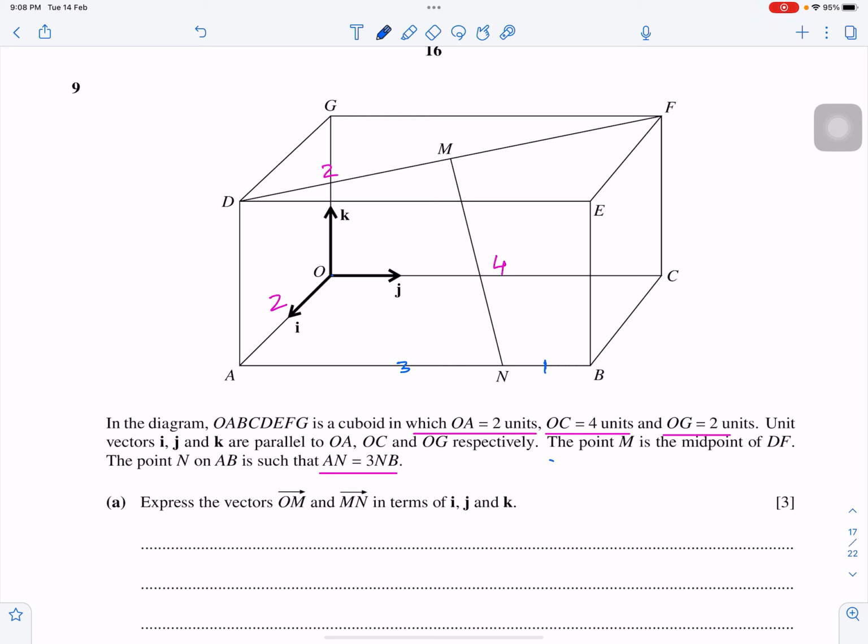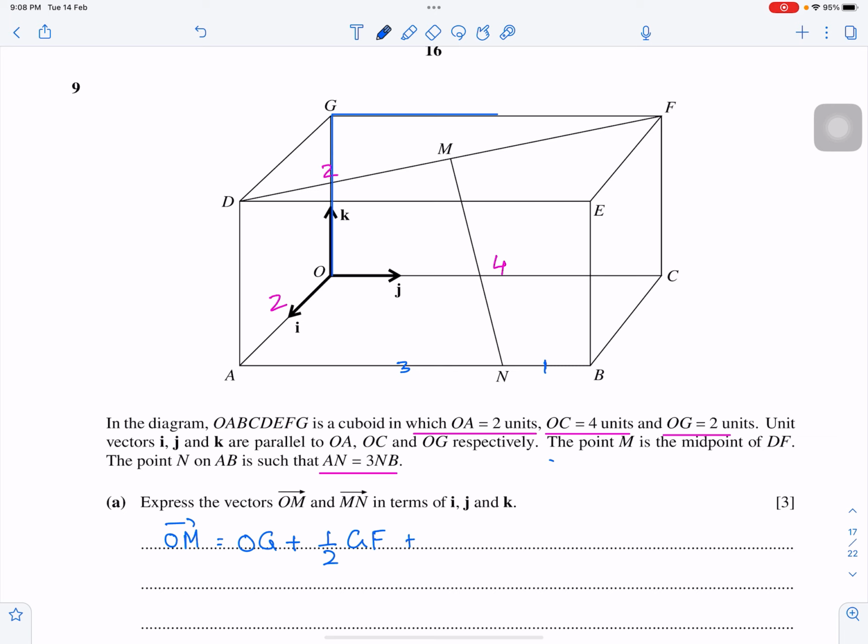There are 2-3 ways; this is the way I'm taking. To find OM, first of all, I will go from O to G. Then from G to the mid of GF, so I can say plus half of GF.